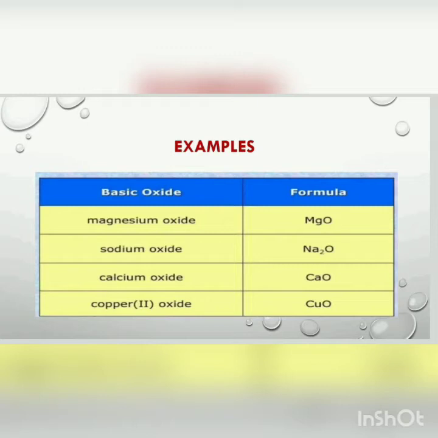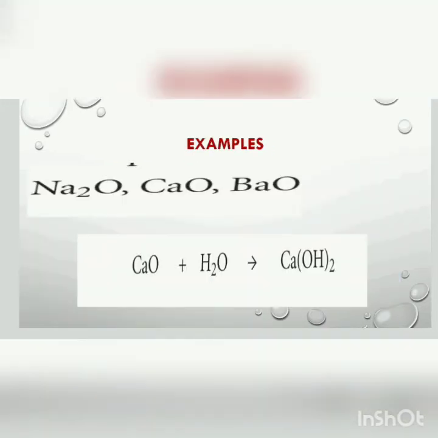So the reactions are MgO, magnesium oxide, plus H2O, that is water, gives Mg(OH)2. Then CaO, calcium oxide, plus H2O, water, gives Ca(OH)2, calcium hydroxide, right?